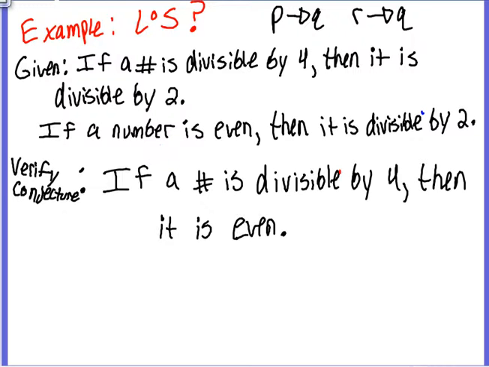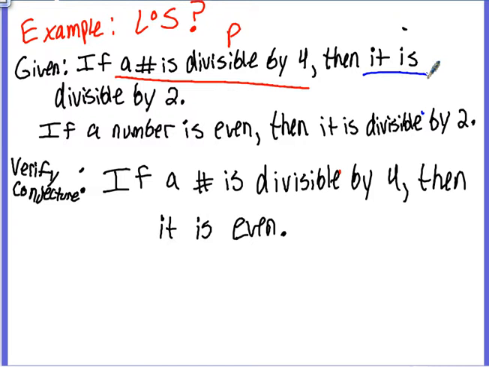Alright, so given information. If a number is divisible by 4, I'm just abbreviating a number right here. If a number is divisible by 4, so that is P, that's your first subject, then it is divisible by 2. Okay, that's the second thing they said. That is your conclusion. Being divisible by 2 is the conclusion. Meaning, if it's divisible by 4, that's causing it to be divisible by 2.